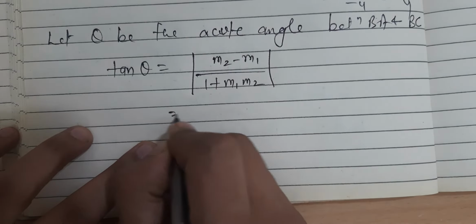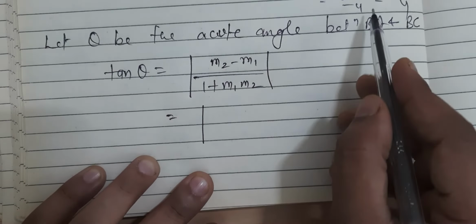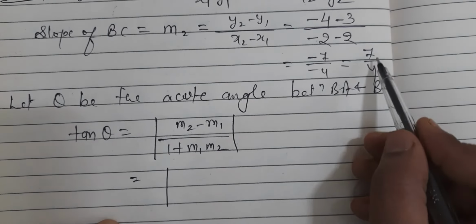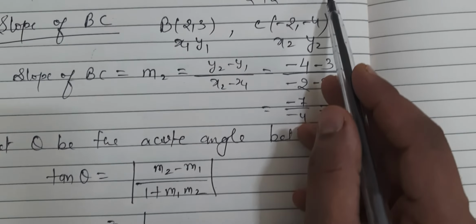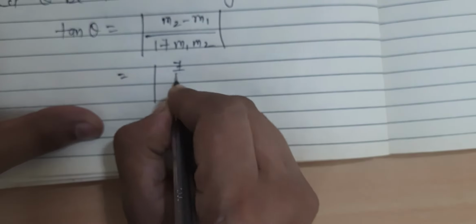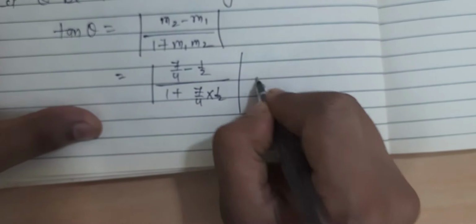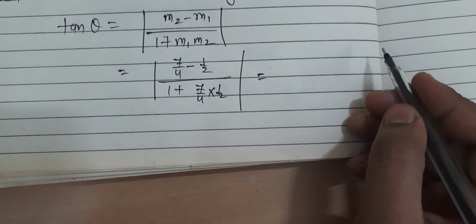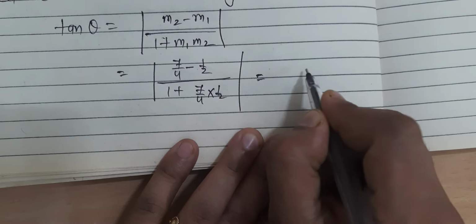So m2 is 7 by 4 and m1 is 1 by 2. Now we put in the values: 7 by 4 minus 1 by 2 upon 1 plus 7 by 4 multiplied by 1 by 2. Now we will simplify. We'll take the LCM. Here the LCM is 8.